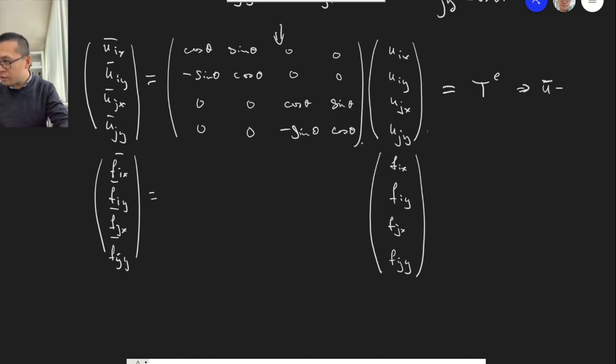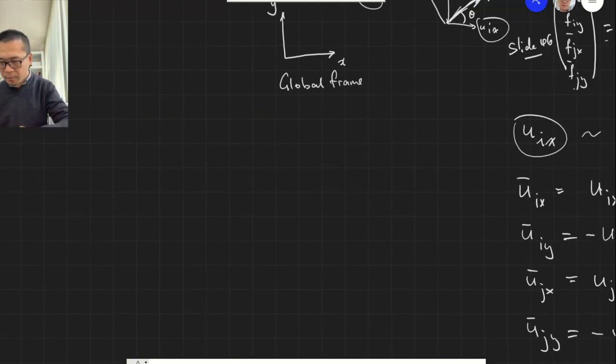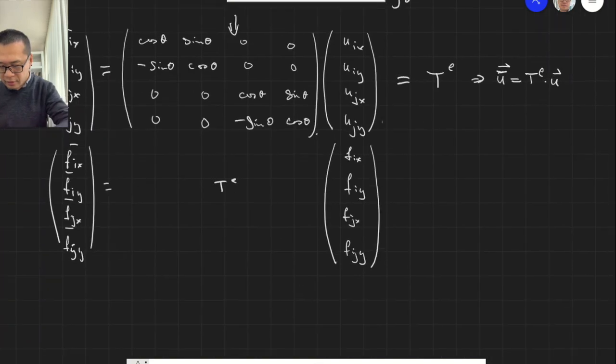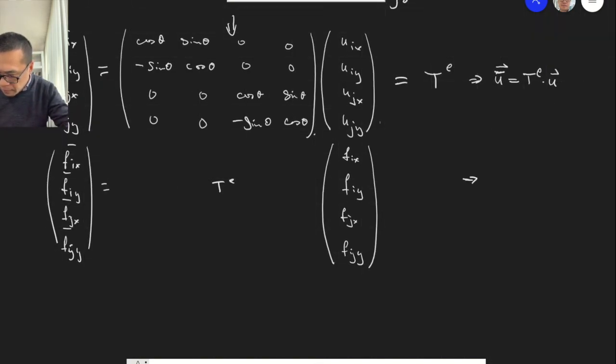U bar is equal to T of E times U. And similarly, F bar equal to T of E times F. Alright?